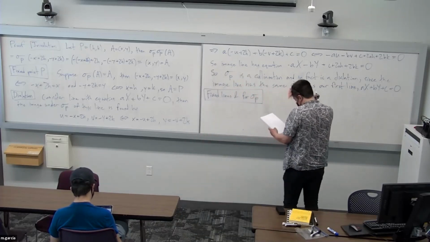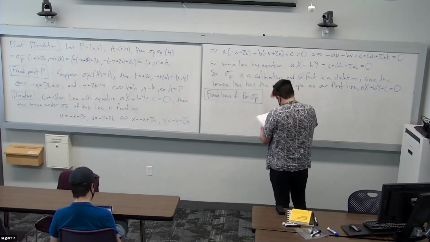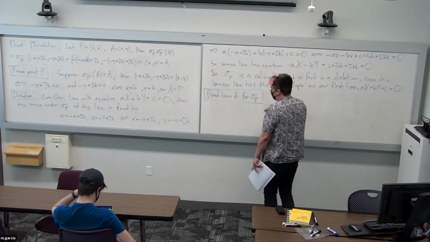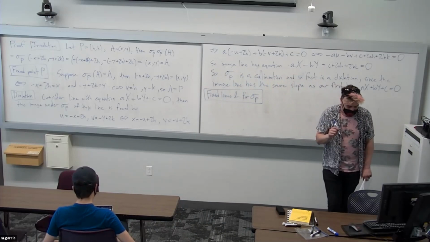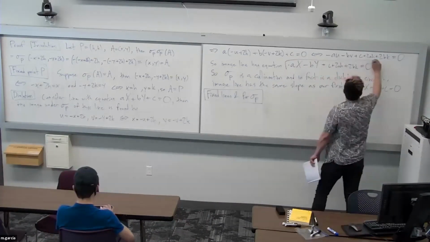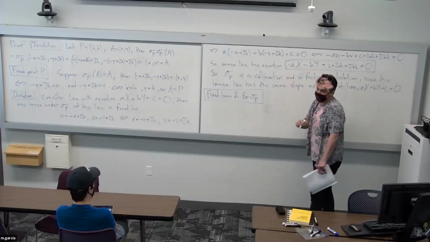Right? So this is a little clever. Okay, so we have an equation for the image of an arbitrary line.